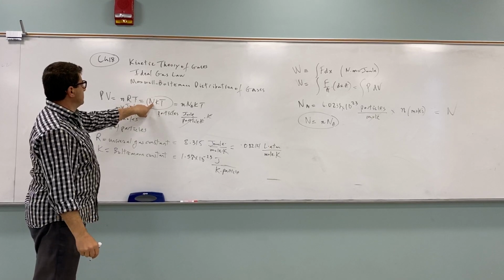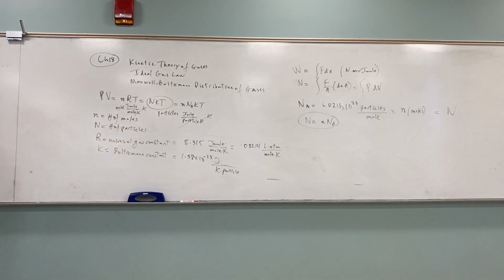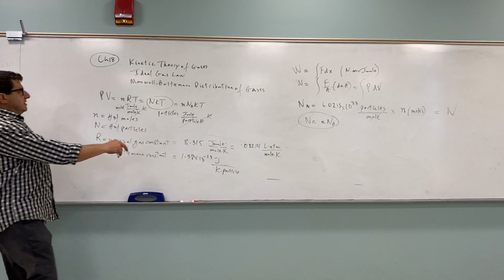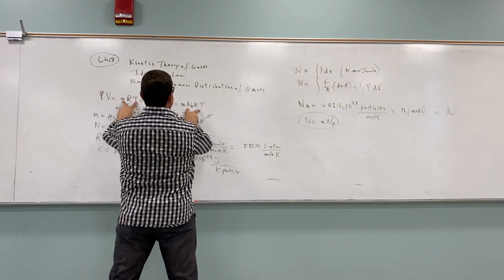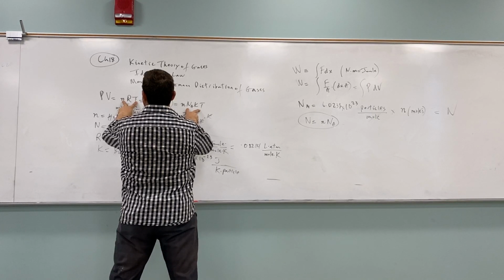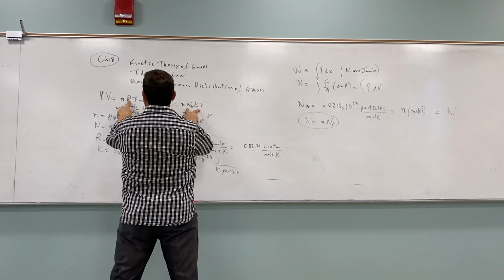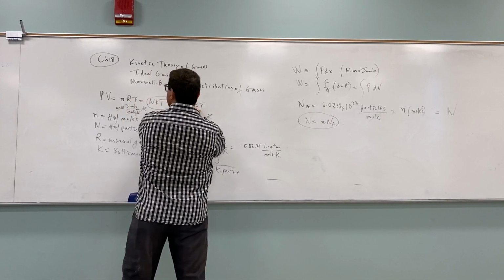So you could substitute into this equation either big N or little n times N_A. Then if I relate this to this, what should happen? R equals N_A k.